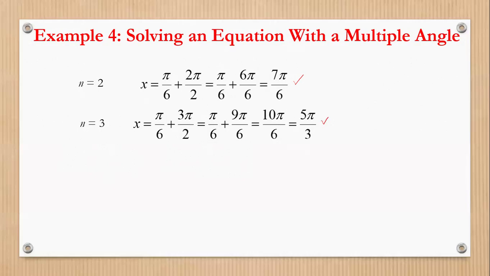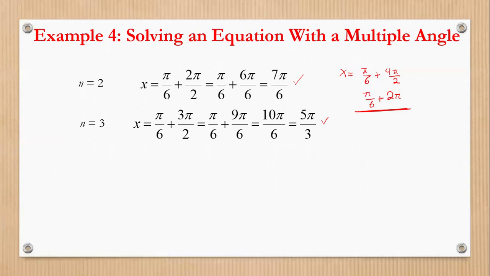If we replace n by 4, we get pi over 6 plus 4 pi over 2, which is 2 pi. So pi over 6 plus 2 pi, and for sure you don't even need to find the final answer, because you know this is an angle more than 2 pi, because you are adding 2 pi to another angle, so you will get an answer after 2 pi, which is not in the first rotation.